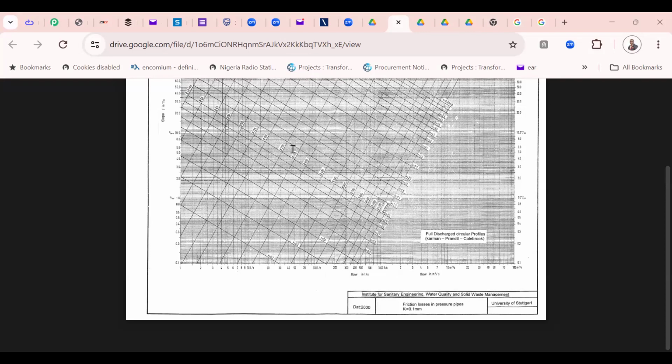What is the 5 for? The 5 is the slope, the elevation difference. Okay, this slope, how do we determine it? Is it chosen arbitrarily?